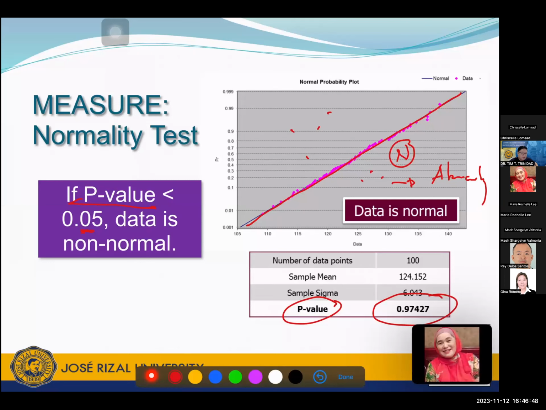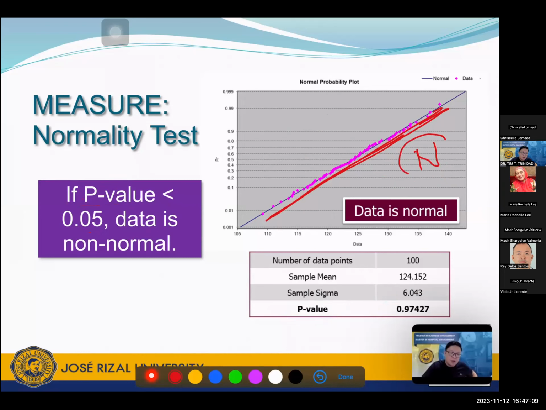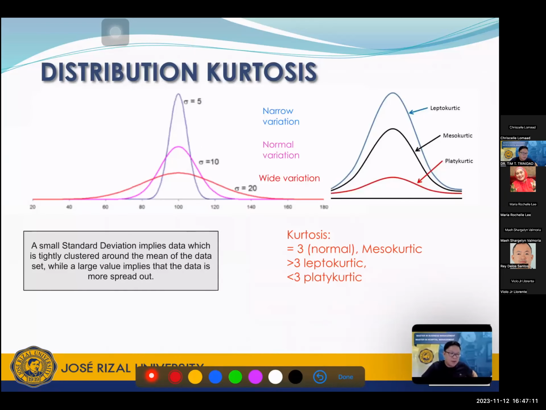Normal, because it is greater than 0.05. And if you take a look at the graphical presentation, how would you interpret the distribution? Close to the middle. Okay, symmetric. Symmetric. Goes to the middle. So this is a normally distributed data. Okay?